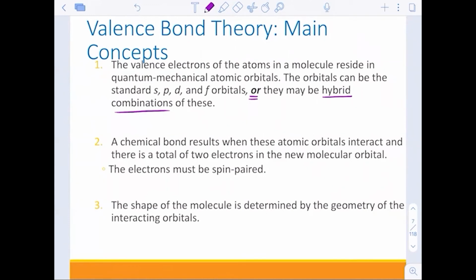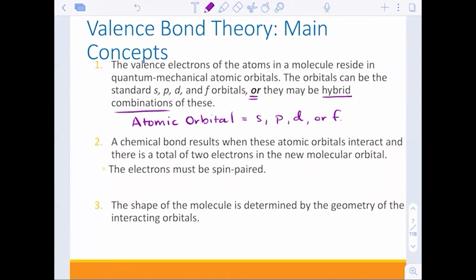So when we want to start thinking about the hybrid, we're going to have a couple of very important definitions for what a hybrid atomic orbital is. Remember that an atomic orbital, we might not have used that word for a while, is our s, p, d, or f orbital, where the valence electrons lie. So if we're talking about a hybrid atomic orbital, we are merging a couple of different types of plain old atomic orbitals.